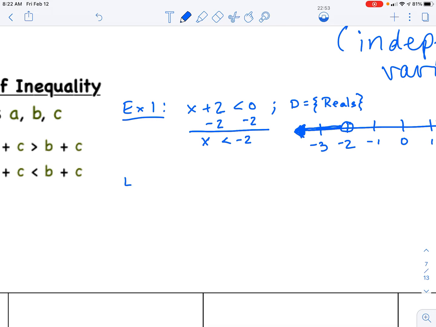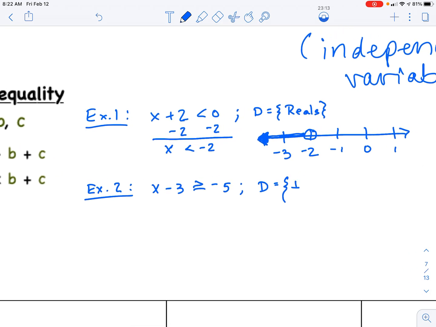The next one, example 2, you're going to put right below there. And we have x minus 3 is, oh, sorry, not less than, greater than or equal to negative 5. And the domain is restricted to the set of integers.